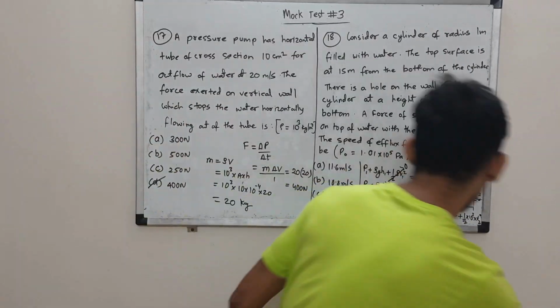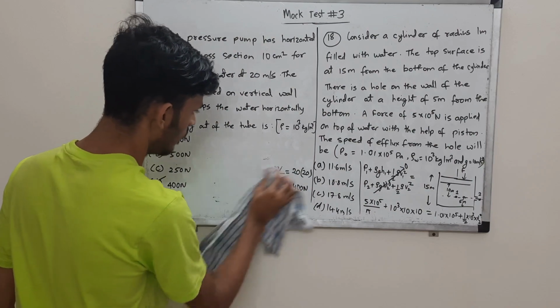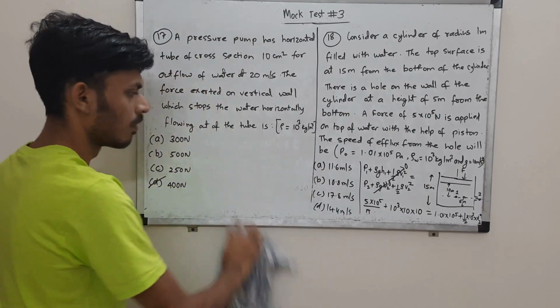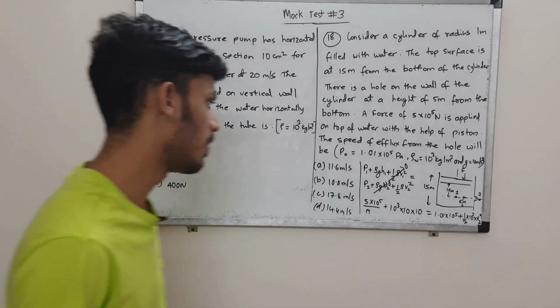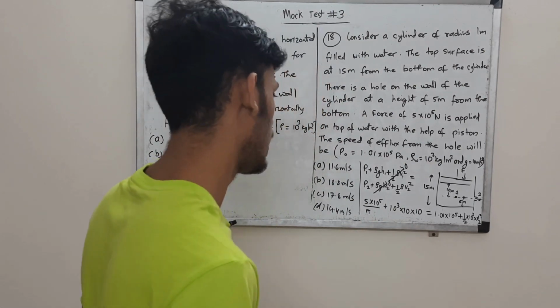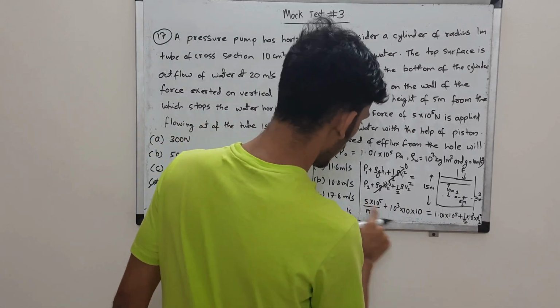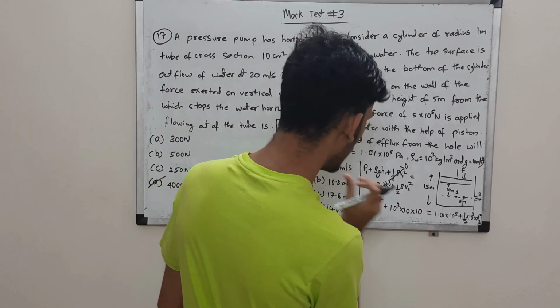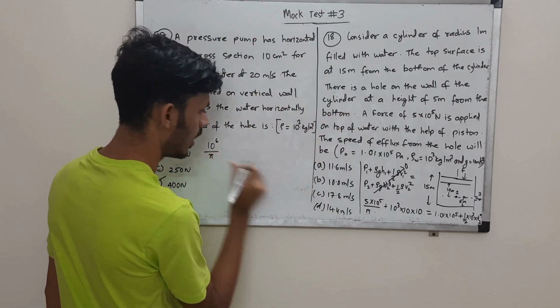Let me just clean this up so that we can solve that. So now what do we have? We have 5 into 10 to the power 5. We can simplify this further. We'll multiply 2 everywhere, multiply each term with 2. So this will become 10 to the power 6 by pi, since 5 2s are 10.